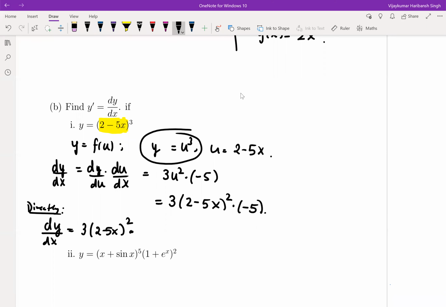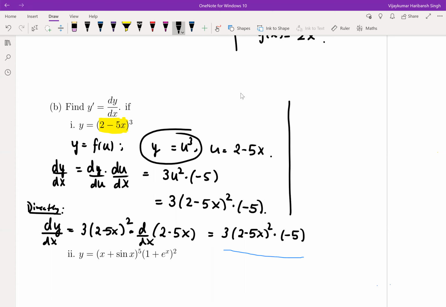The extra part is multiplication by the derivative of the inside function, which is this, and then what do we get? We get 3 times 2 minus 5x squared times minus 5. Okay, so you can deal with this problem directly that way. For that, you can prove this generalized power rule.